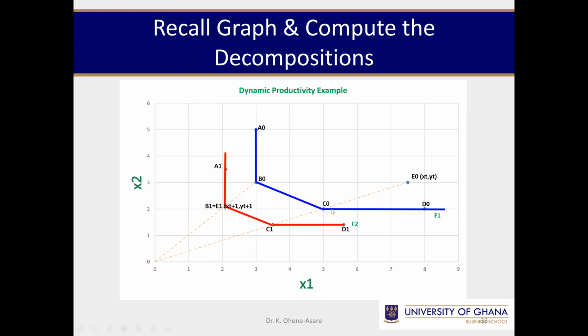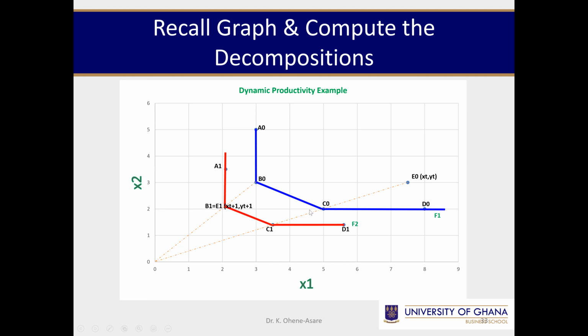But when we came to the next year, from year 0 to 1, the DMU E, which was inside the frontier, in year 2 is on the red frontier, just where B1 is. So you can see that it was inefficient in the previous year, but in the current year, it is efficient. So it has already, first of all, improved its performance.